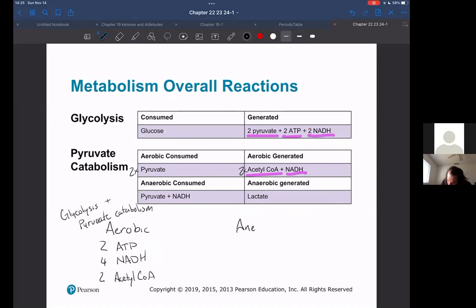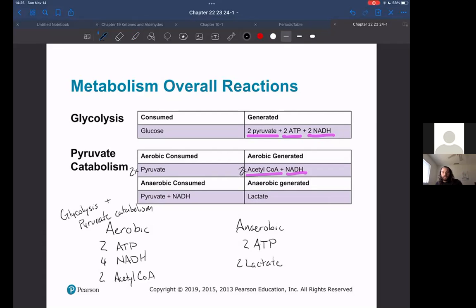Under anaerobic conditions, so again, anaerobic meaning without oxygen, we have our 2 ATP that's produced from glycolysis, but that NADH that we created actually gets used up. And so at the end, all we have is 2 ATP and 2 lactate, and that lactate doesn't actually do anything for us.